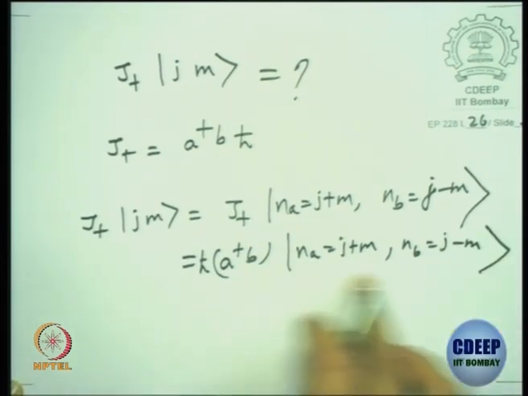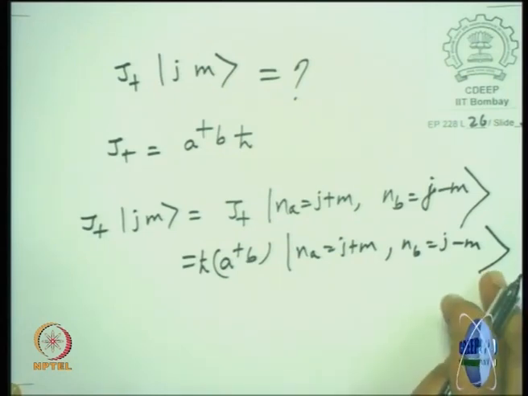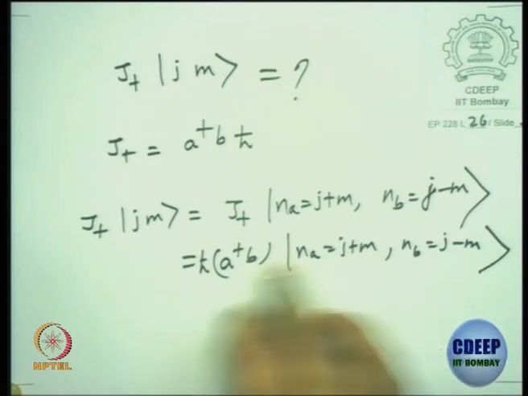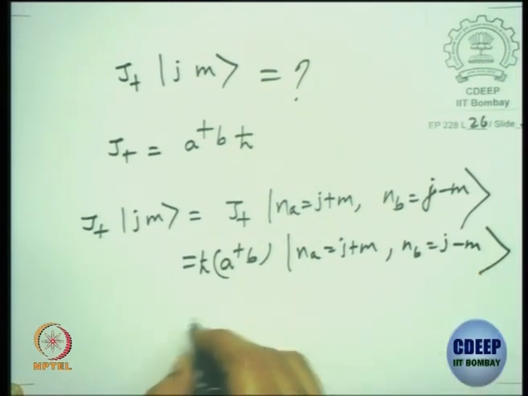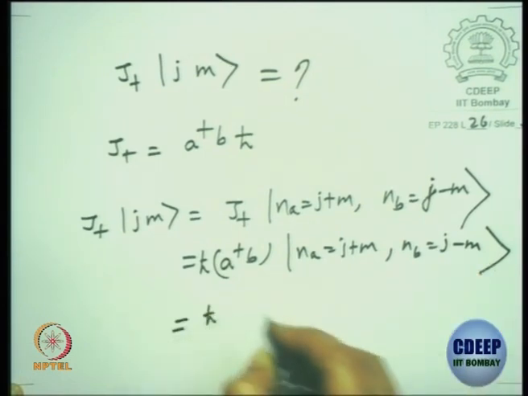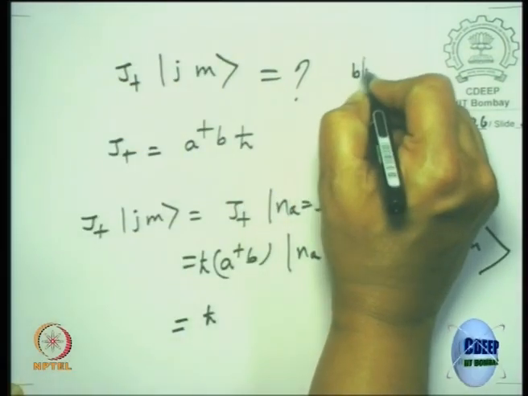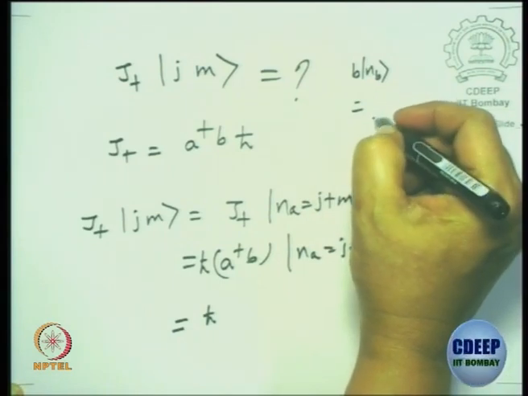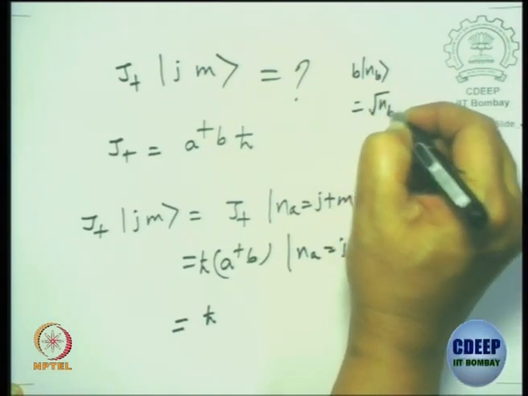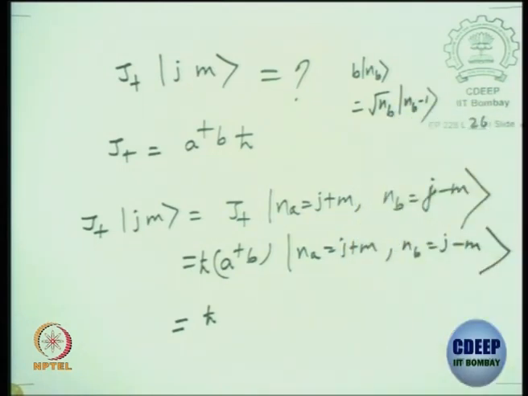What will B do? B will operate on the first state or the second state? B will operate on the number state Nb. What will it do? Recall for me what is B on Nb. Root Nb times Nb minus 1.